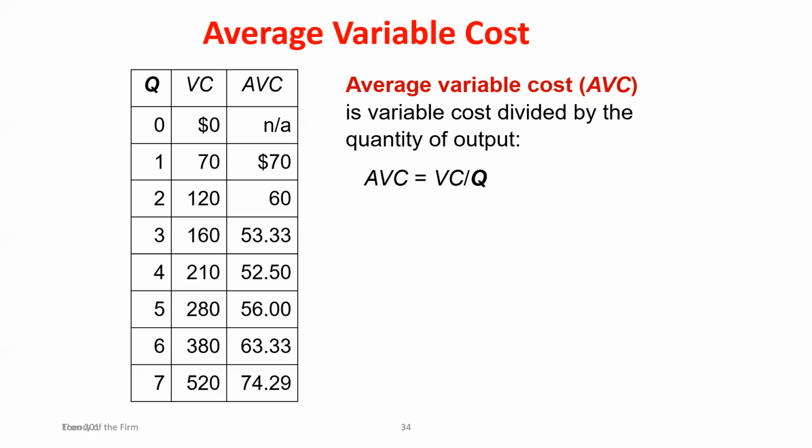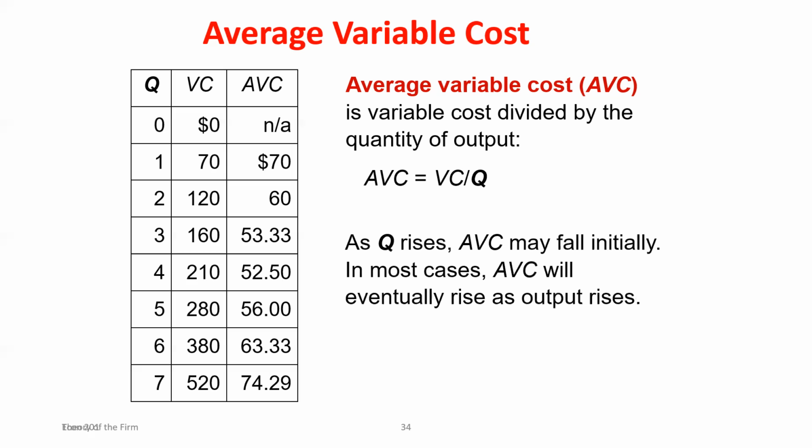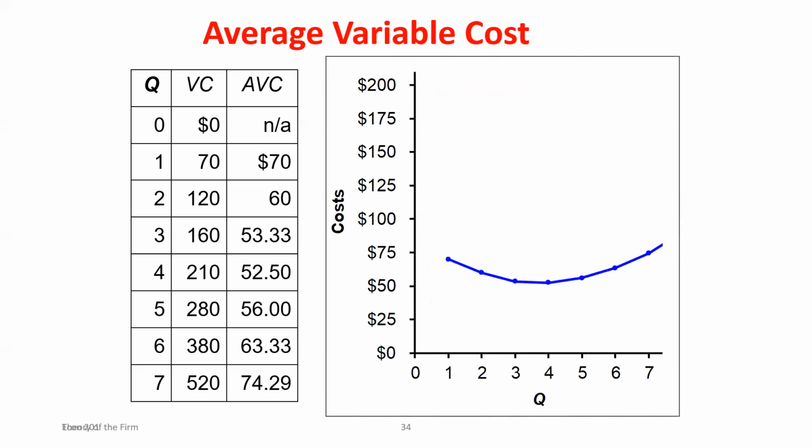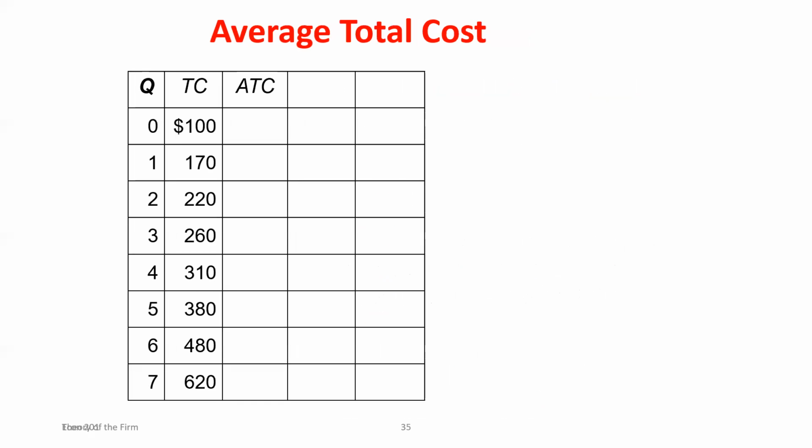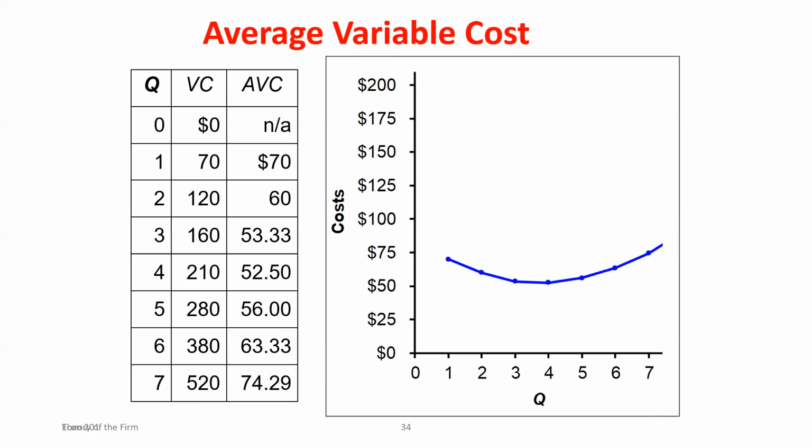I think I've got a nice visual here. Otherwise, I'll draw it on the board. So we've got our average variable cost curve, because I'm drawing this on the board.